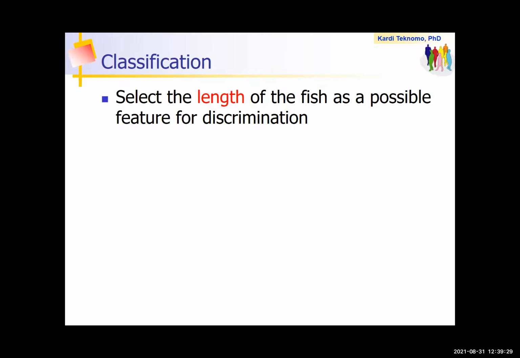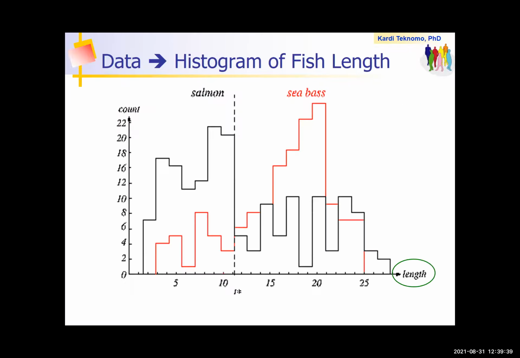So let's say you have selected only the length of the fish, to check whether we can discriminate salmon from sea bass. Then we plot the distribution of salmon and sea bass based on the length. On the vertical axis you have the frequency.